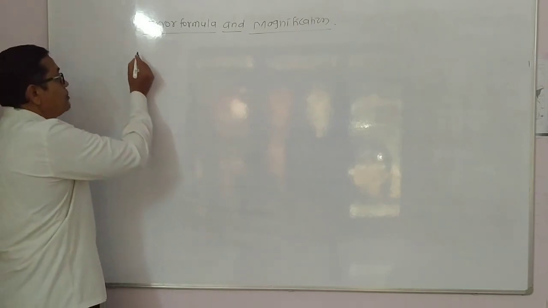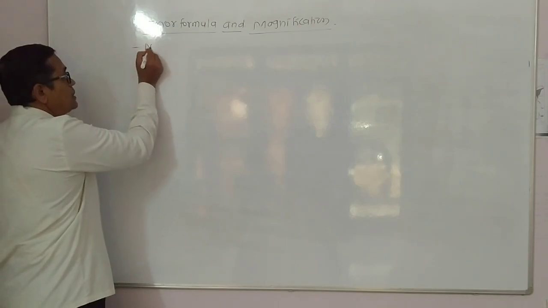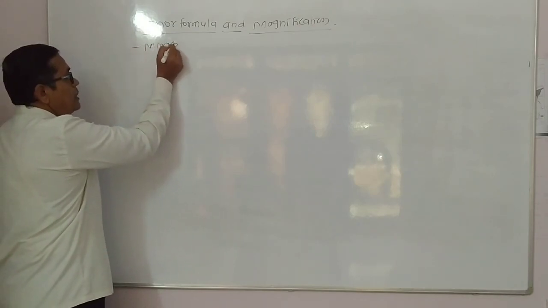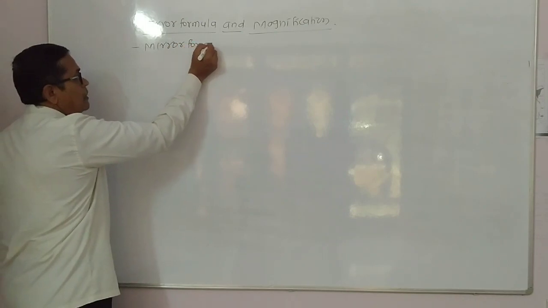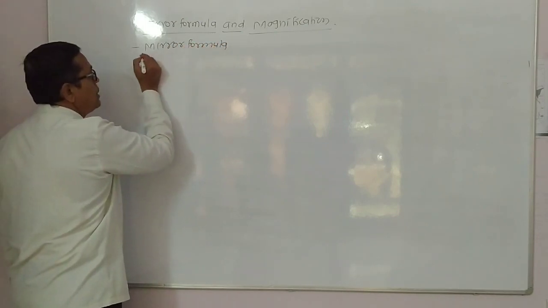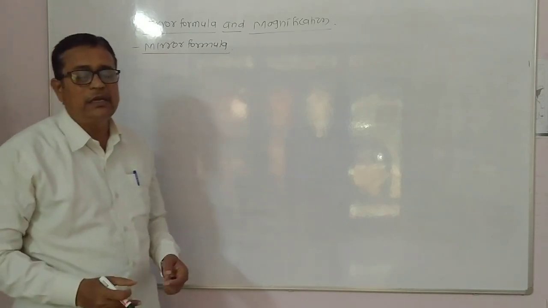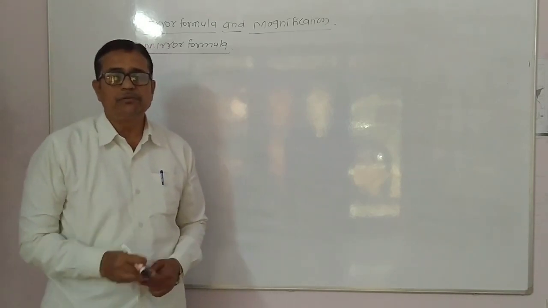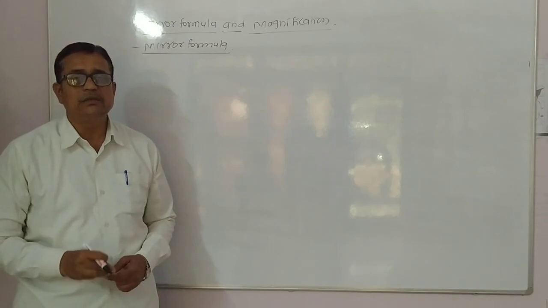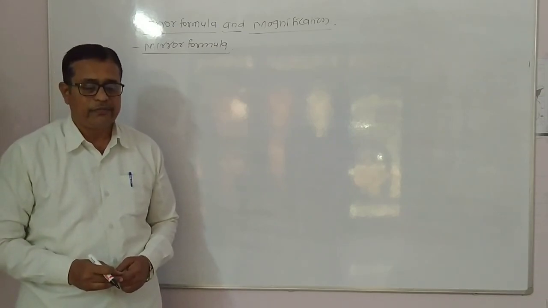What is the mirror formula? Mirror formula is a relation between object distance, image distance and focal length.